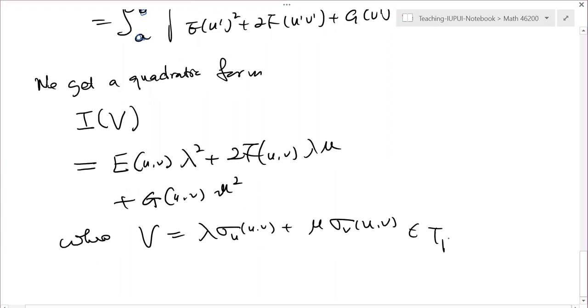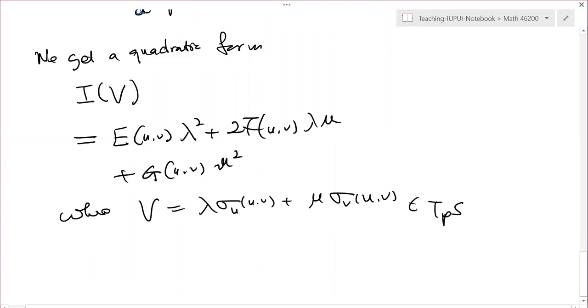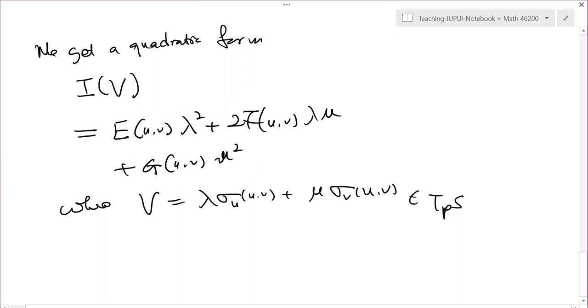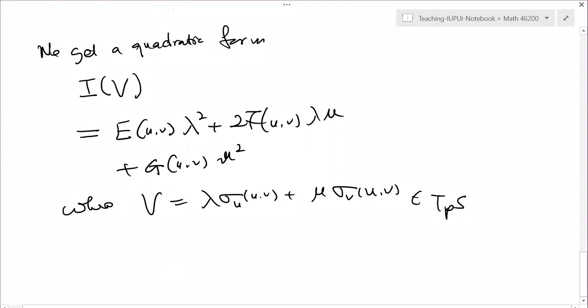This is a tangent vector on the surface, and this is well defined. It's a well-defined quadratic form. When you change the surface patch, it does not change.